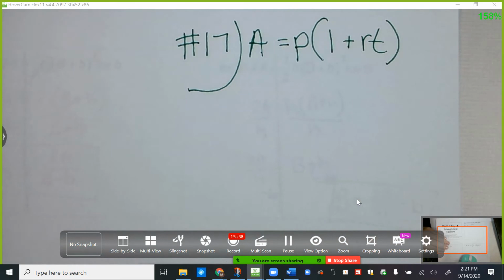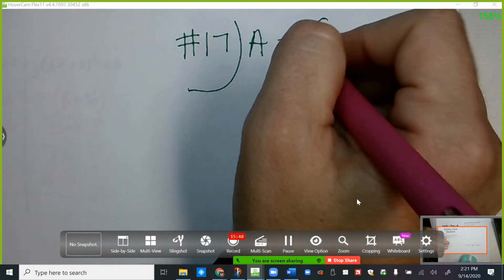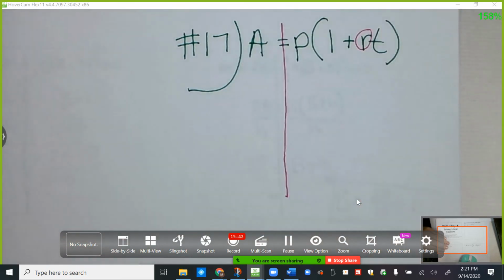Okay, here's our problem, and we're solving for r. So y'all are going to walk me through it. What should I do? We need to get rid of the parentheses, right?